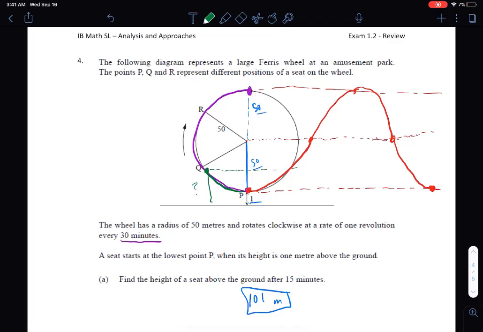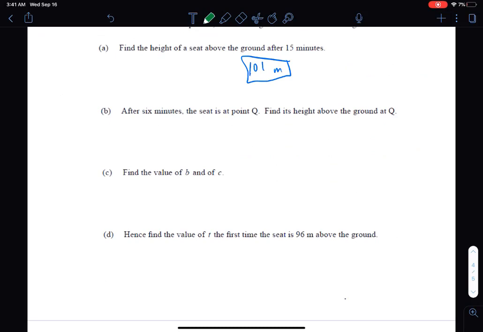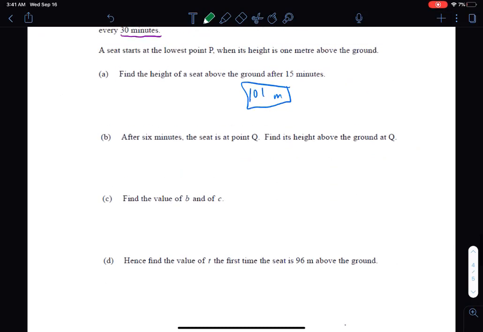That's the question. You really need some sort of equation to model the height of this Ferris wheel with respect to time. Technically in this question, even though I didn't include it here, they would have given you the equation. When I copied this question over from the test, I didn't copy the part where they had the equation.